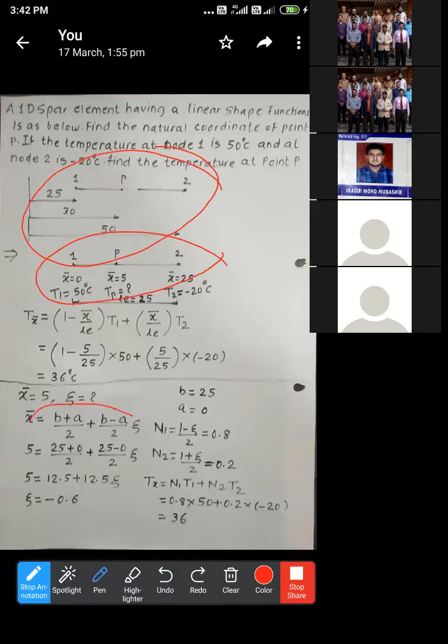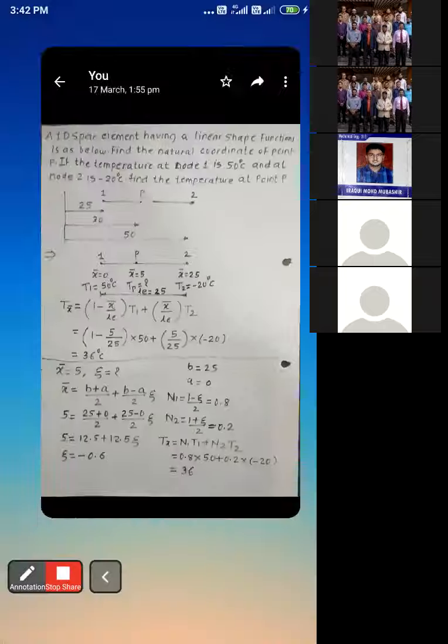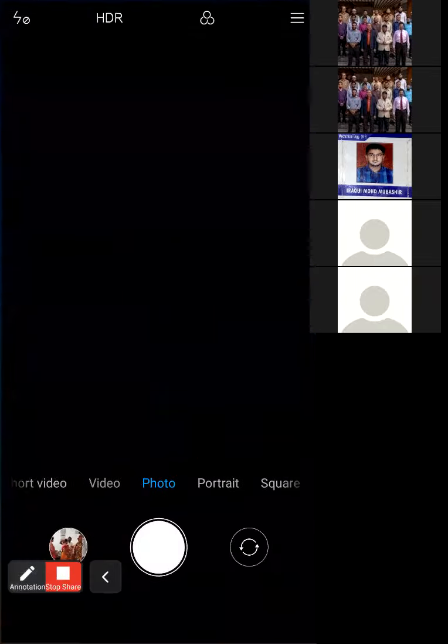That means we have calculated the value of zeta. Try to understand. Is it okay? Right? So what we'll do?